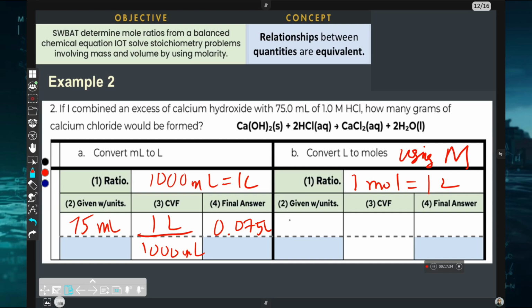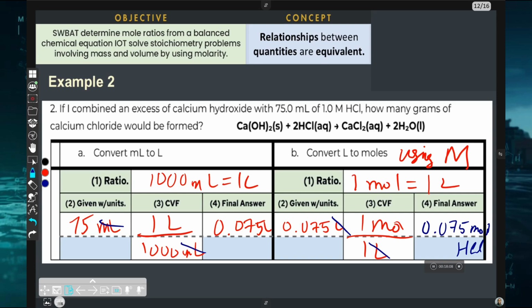So if I do that, the 0.075 liters, I'm going to convert it to moles by putting 1 mole on top and 1 liter on the bottom. Just to show you how stuff is canceling out once again. And so we end up using 0.075 moles of the HCl.